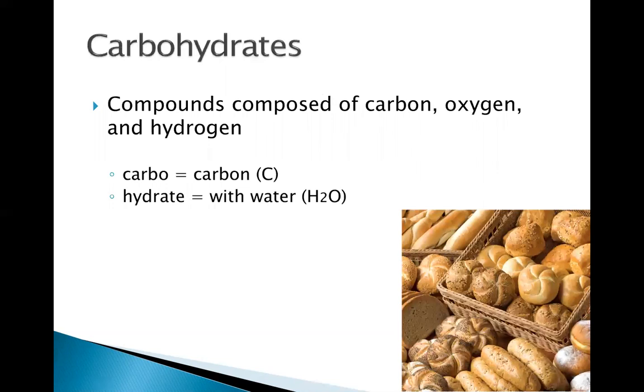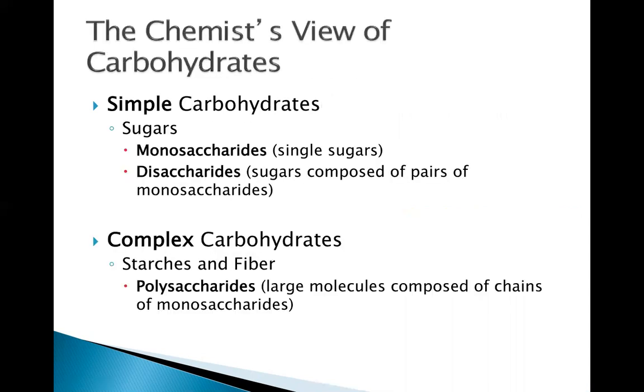Carbohydrates. So carbohydrates are similar to lipids in that they are composed of carbon, hydrogen, and oxygen. And this is how their name sounds: carbohydrate, meaning carbon and hydration from the water. There are simple carbohydrates, and then there are more what they call complex carbohydrates.